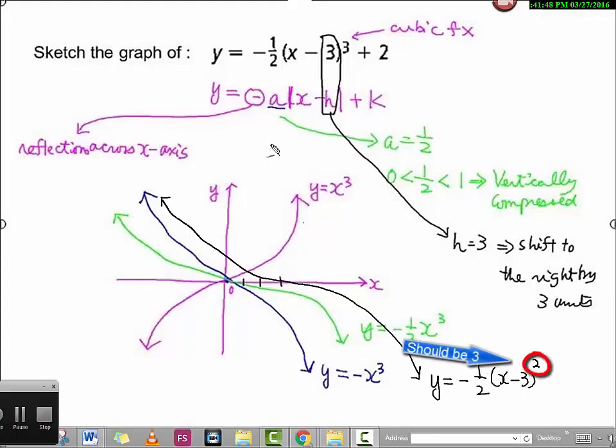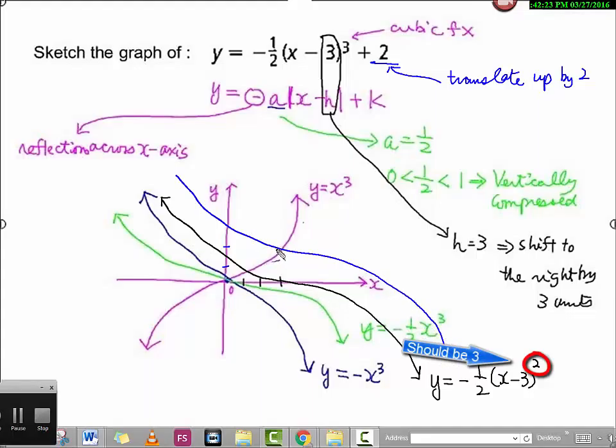The last movement is the k, which is plus 2. Plus 2 means you're going to translate up by 2. So the final movement here is translate up by 2. So say 1, 2 right here. So the graph ends up right here.